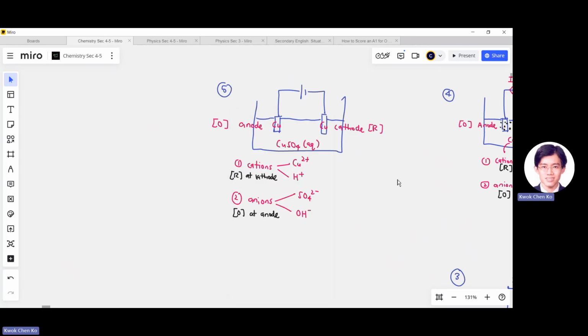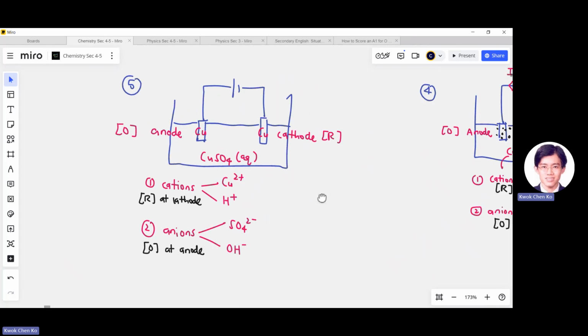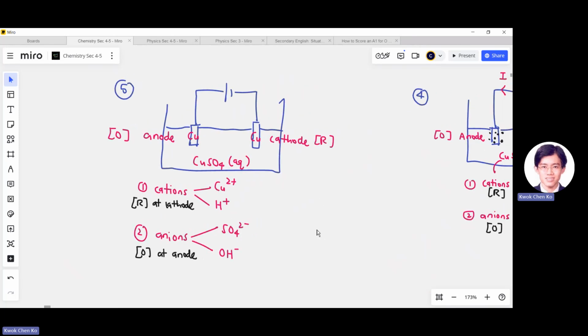Never mind. Don't go through everything first because there's a special condition here. Come, guys, there's a special condition that you've got to be careful of.